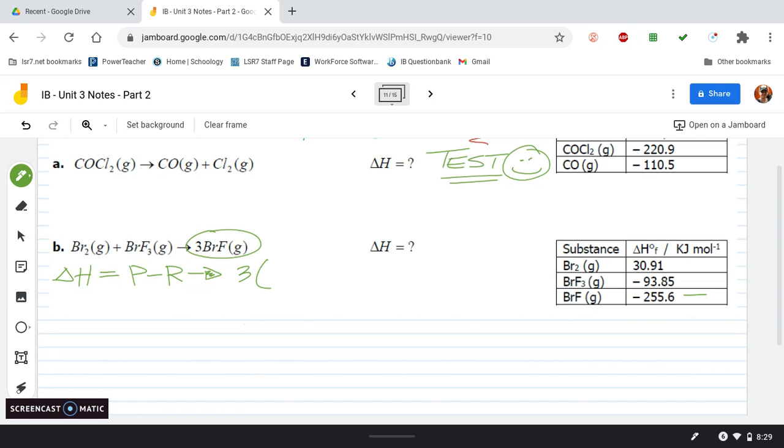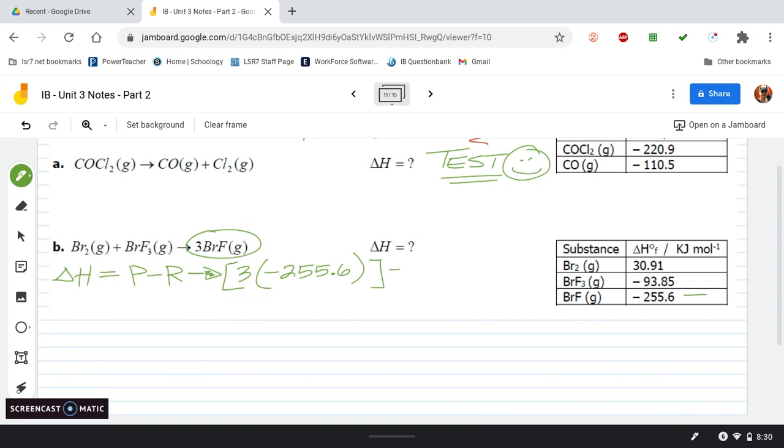Notice that on some of these examples, we were doing 1 times because the coefficients were 1. Well, they're not 1 here, so it's a little bit different. So 3 times that, and this is going to be your products. So I'm just going to bracket that minus the reactants.